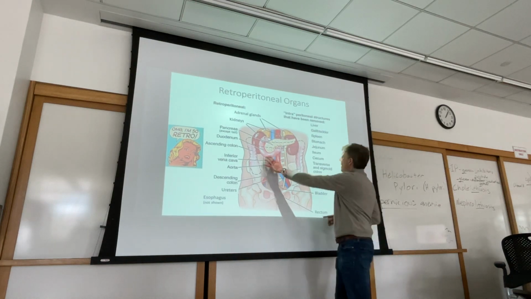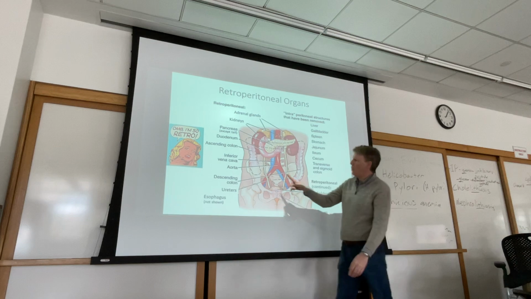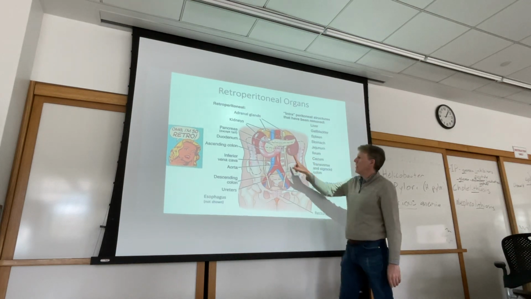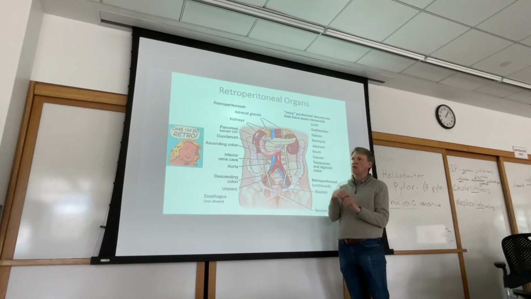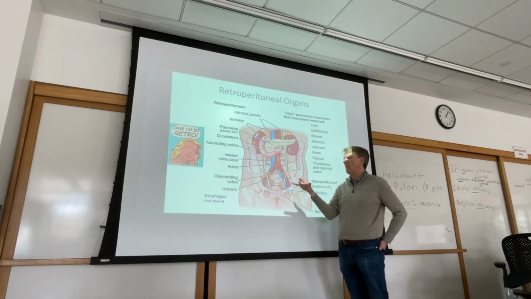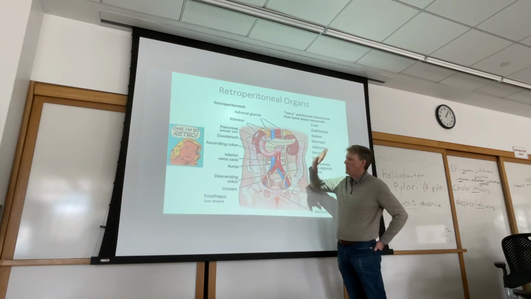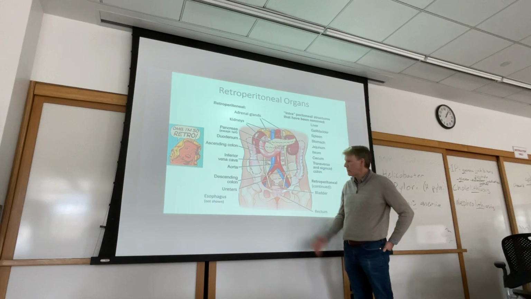The ascending and the descending colon are kind of pushed to the sides. They're both retroperitoneal, whereas the transverse colon and the sigmoid colon, which are more floppy and hanging in the middle, are going to be intraperitoneal. Your two main big blood vessels, the inferior vena cava and the aorta, are way to the back. They're definitely retroperitoneal. So that's it, basically.